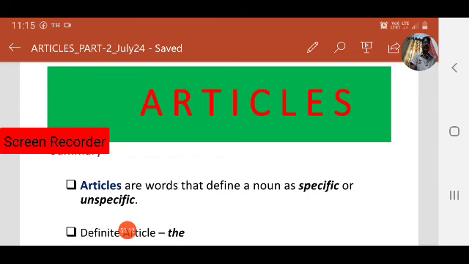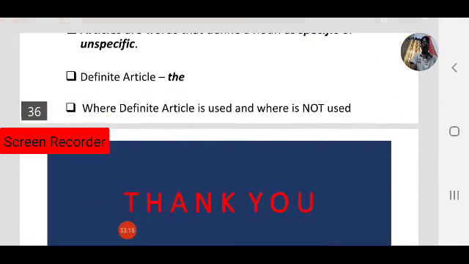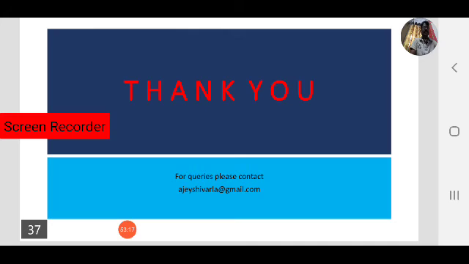In the next class we are going to do some exercises on articles. In the two sessions, the previous session and this session, we focused on articles, the indefinite article and the definite article. In the last session we talked about the indefinite article with some rules and examples. In today's class we focused on the definite article the, where it is used and where it should not be used. So review all the rules about definite and indefinite articles.